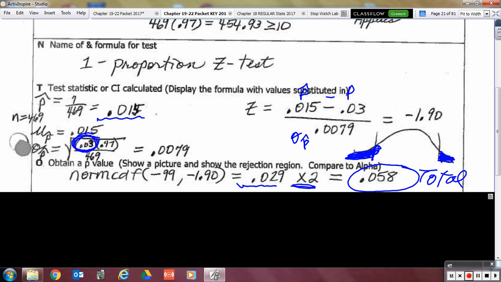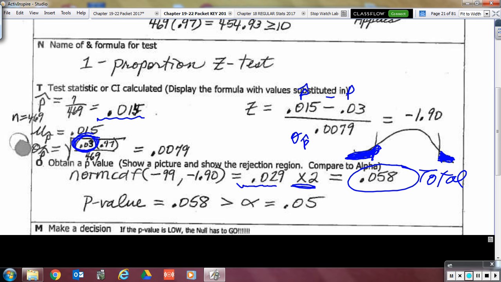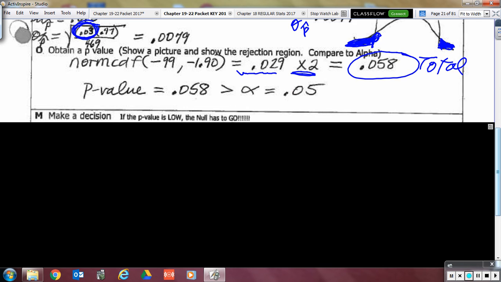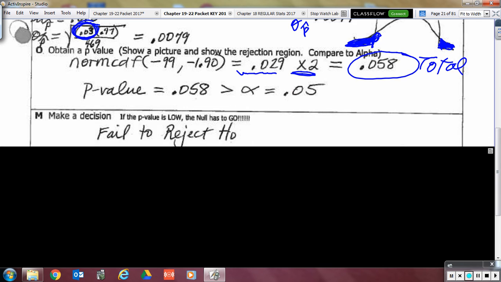What do you get? We'll use a default alpha of 0.05. So then what's your conclusion? What decision are you going to make about your hypotheses? Good. You will fail to reject because you can see that your p-value is greater than alpha, so therefore you failed to reject.